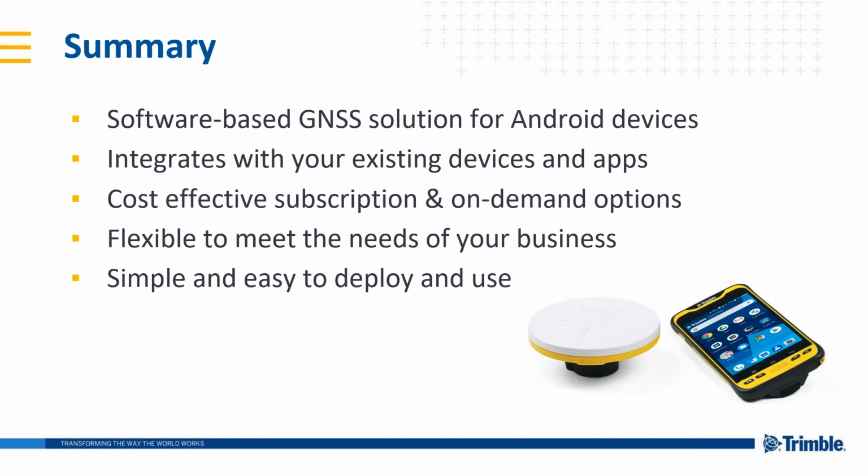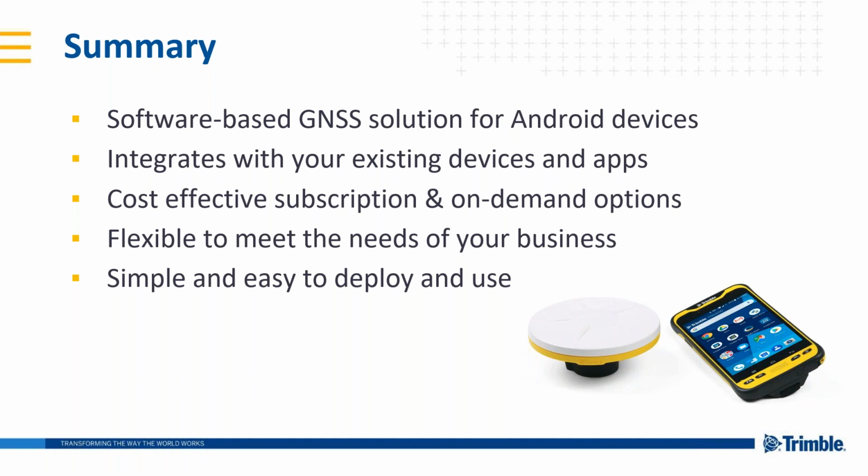So a quick summary. What is Trimble Catalyst? It's a software-based GNSS solution for Android devices. Very importantly, it integrates with your existing devices and apps, and therefore provides a cost-effective positioning capability for your mobile device.